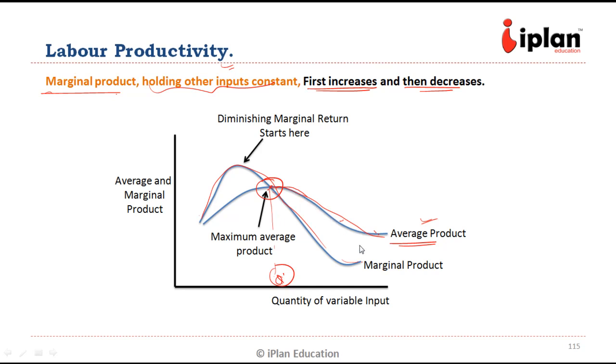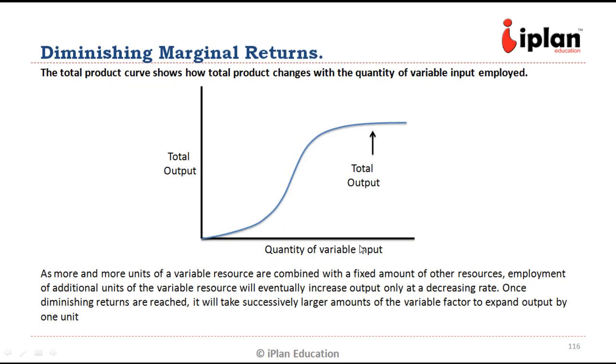Now let us look at the graph in terms of total output. So this is our total output on the y-axis, and on the x-axis we have the quantity of variable input. When we are talking about labor, it is the number of labor hired. So as we can see, in the starting it will increase slowly and then the speed goes up, or we can say the marginal return of this factor, the labor, goes up.